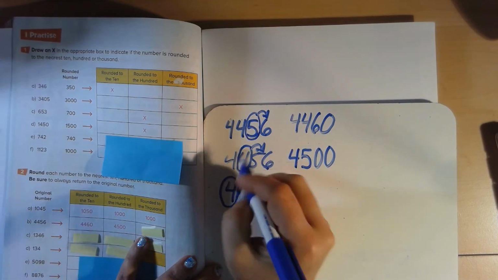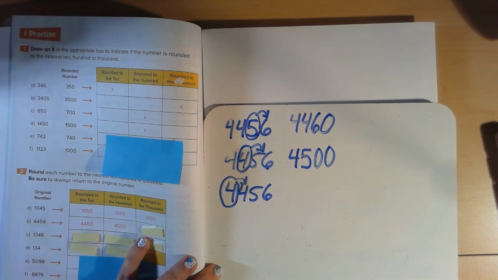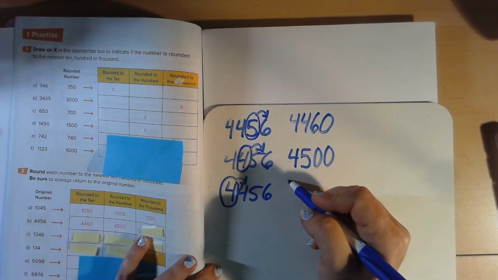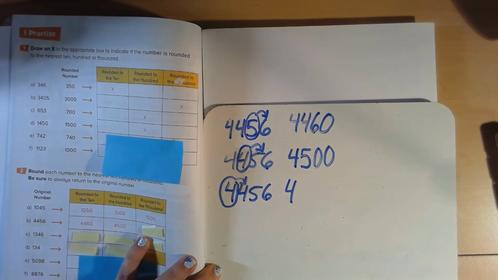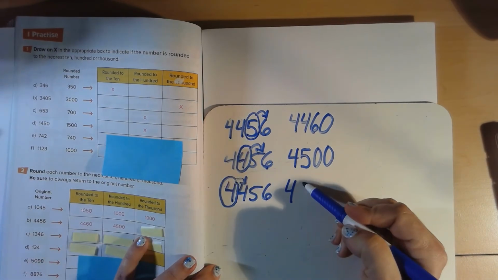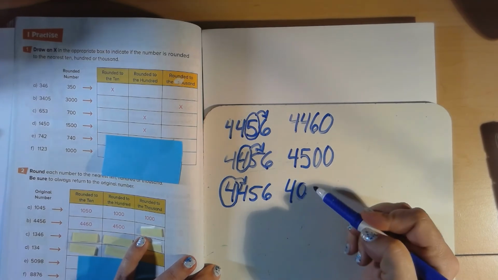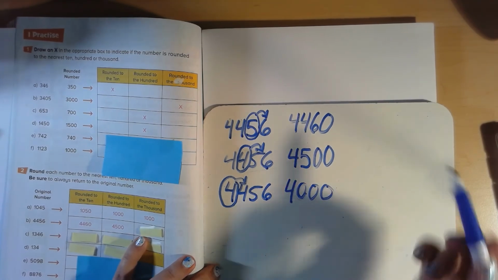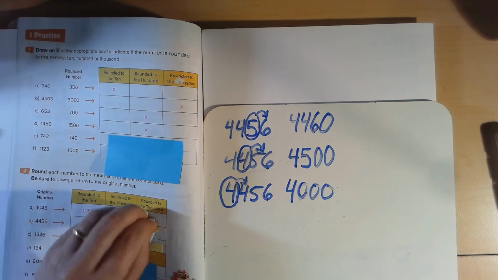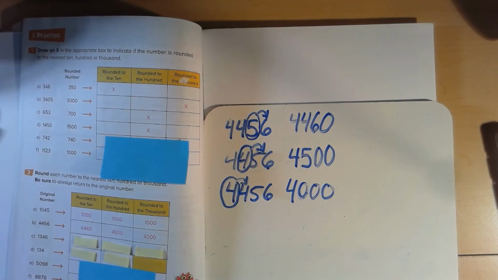So I circle my 4, I look to my right, it's a 4. I'm not going to have to round up, I got to keep my 4 the same. So I'm going to keep the 4 the same in my thousands position. And my other positions become zeros. 4,456 is rounded down to 4,000.